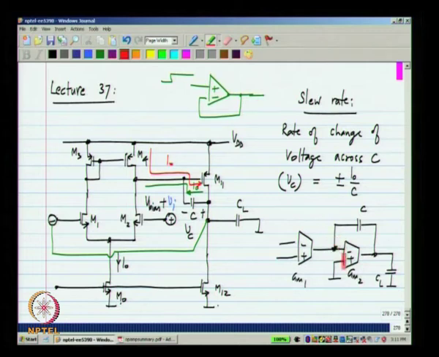If gm2 becomes very large, if the second stage has an ideal op amp, this voltage will be at 0. So, this voltage is approximately 0. So, Vc is simply the output voltage itself, Vc equals V naught. So, this is not only the slew rate of the voltage across the capacitor, but it is also the slew rate of the output.